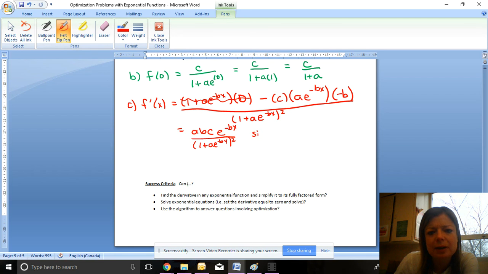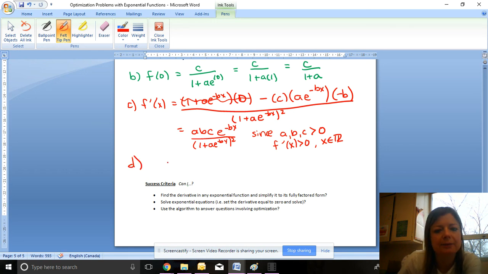And since we know from the original setup that a, b, and c are all positive constants, that's how they were defined, this part is always going to be positive. So therefore the derivative is always positive for all x. Doesn't matter what you put in there, this will always be positive.